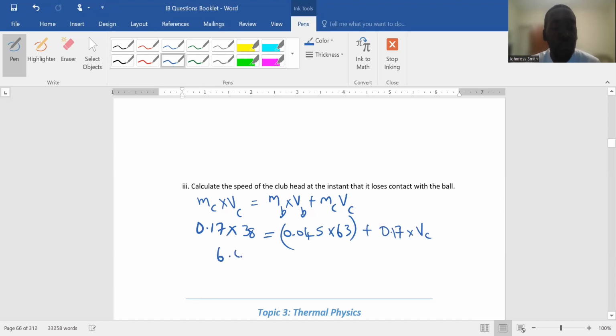So this becomes 6.46, and then we're going to take this multiplication over, which is 0.045 times 63, which we get 2.835 is equal to 0.17 VC. When we minus this, we get 3.625, then we divide by 0.17.